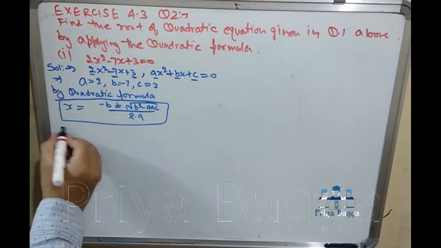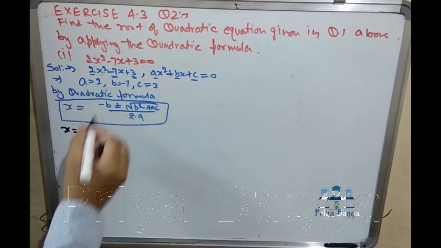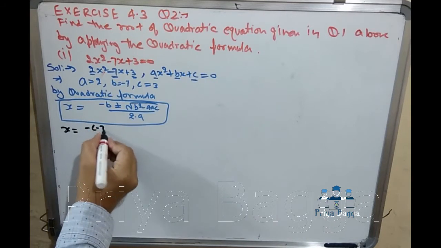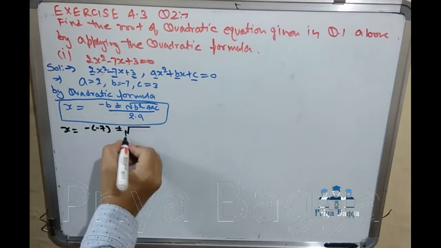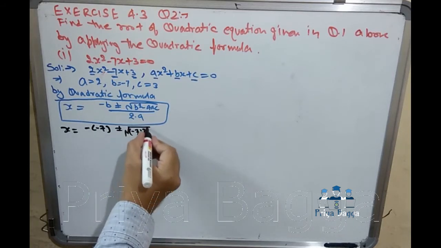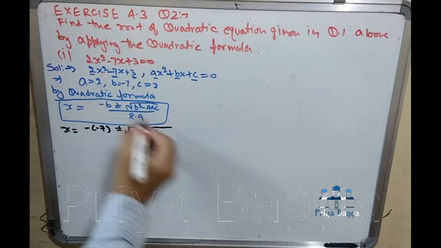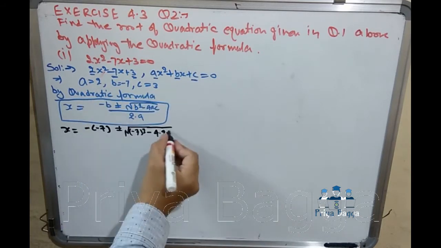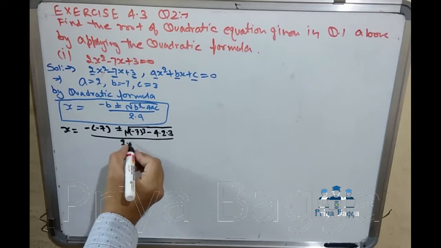So x is equal to minus b. b is actually minus 7, so minus of minus 7. Plus minus square root of b square, that is minus 7 square, then minus 4 into a is 2 and c is 3, upon 2 into a is 2.